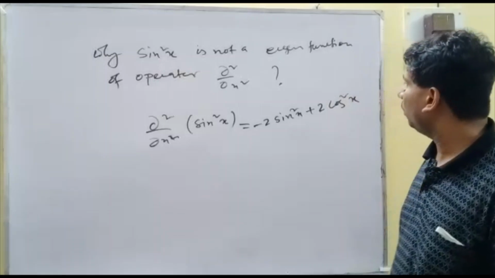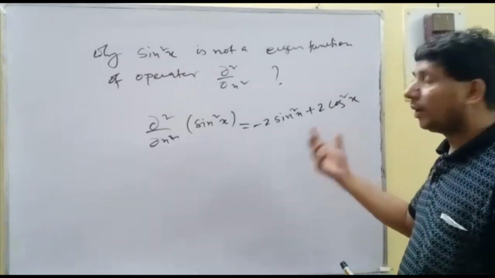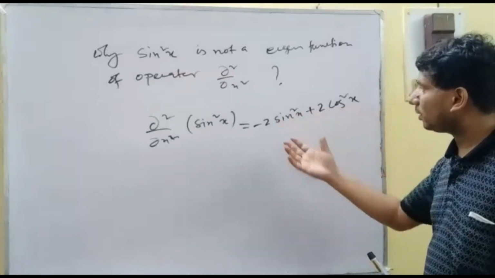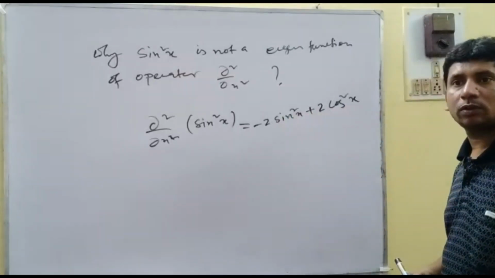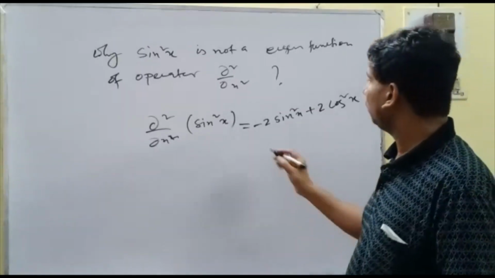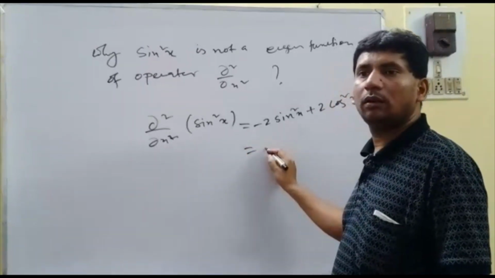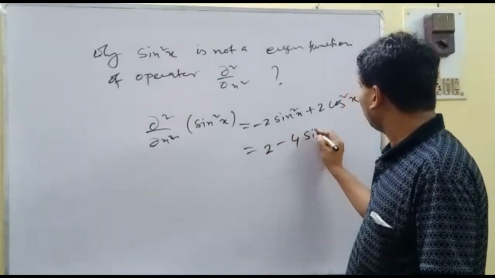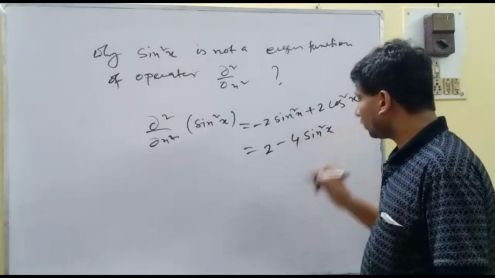Then what happened? If we rearrange it, sin square theta plus cos square theta equal to 1, then we'll get 2 minus 4 sin square x.